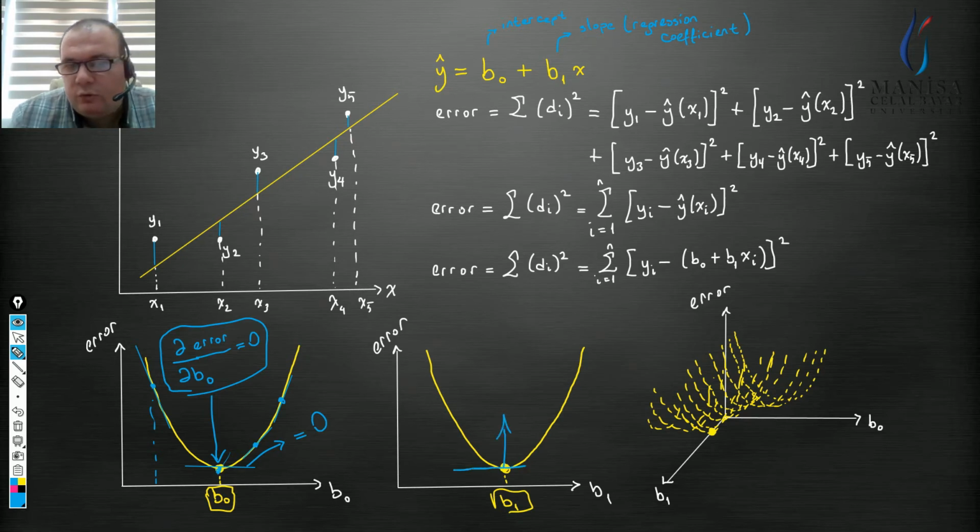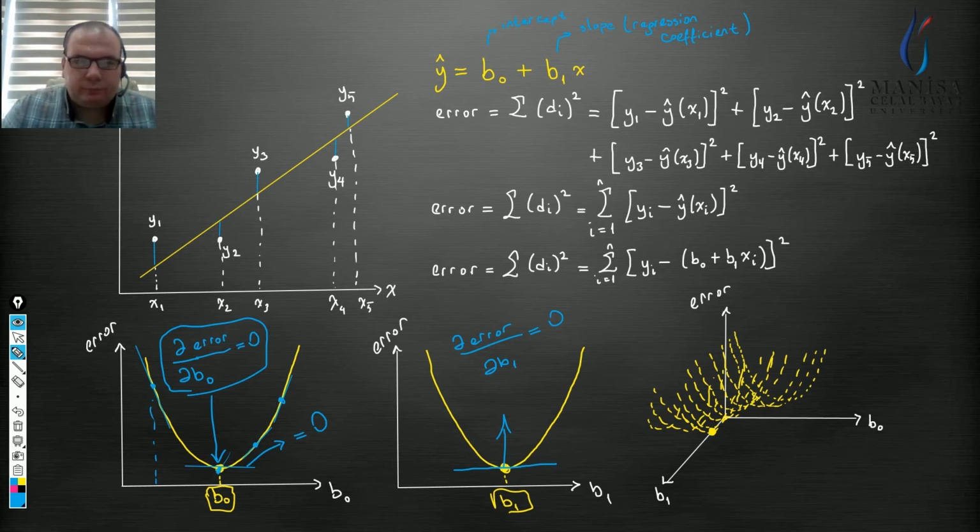We are going to search for this point. So we are going to take the first derivative of our error function according to b1 now, and set this derivative equal to 0, and we will find the b1 for which we have the minimum error.